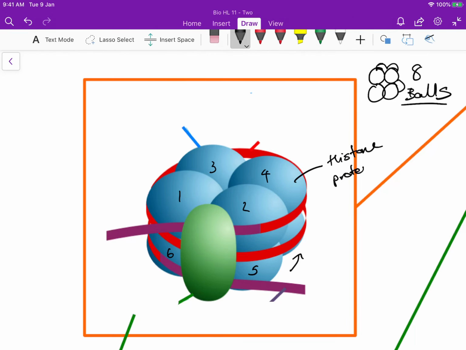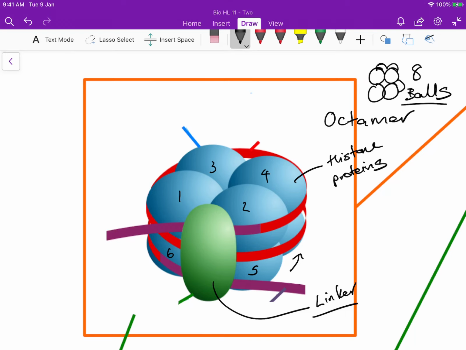So there are 8 histone proteins which come together to act like the reel to wrap around the DNA. And we've got this other protein here, this linker, which is holding the DNA on. And so a nucleosome is made out of these 2 different types of histone, one which makes up the 8 balls, and because it's 8 we can say it's an octamer. So an octamer of 8 histone proteins and 1 linker protein.